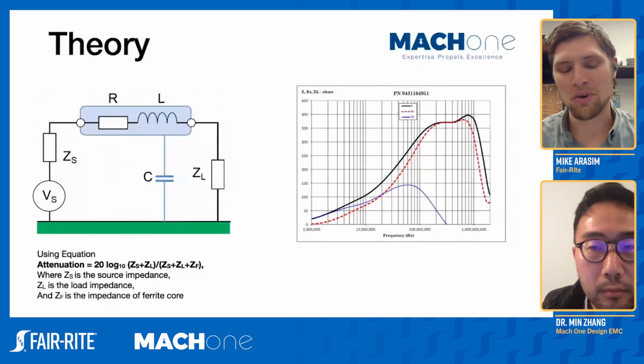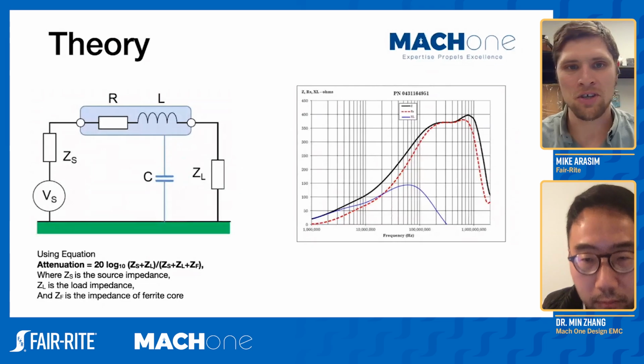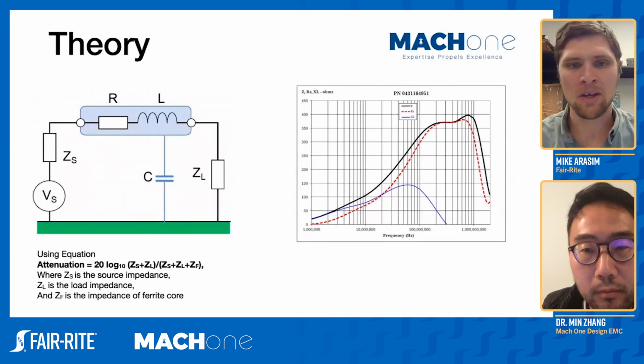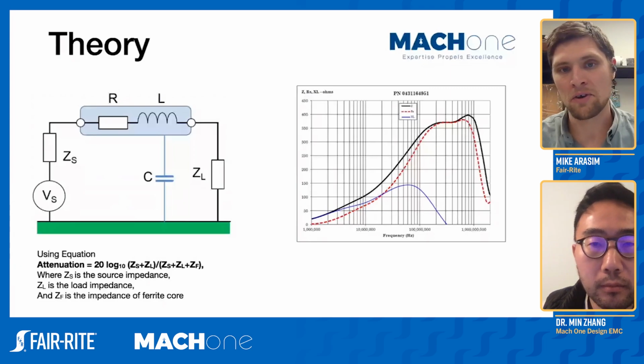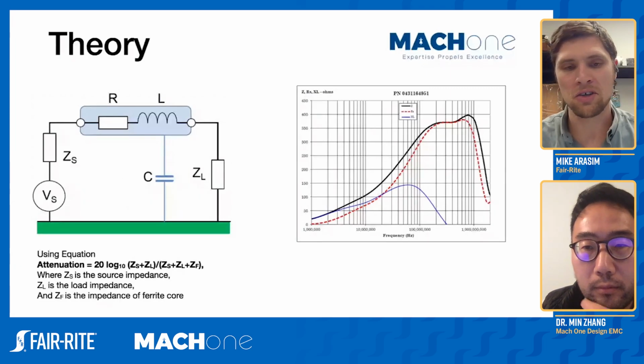So what we're looking at is an impedance curve, and for most materials, what you're typically going to be looking for when you're selecting a ferrite is, one, the frequency of the noise that you're trying to suppress. And the ideal thing is you're looking for a ferrite core that is going to be resistive at those frequencies.